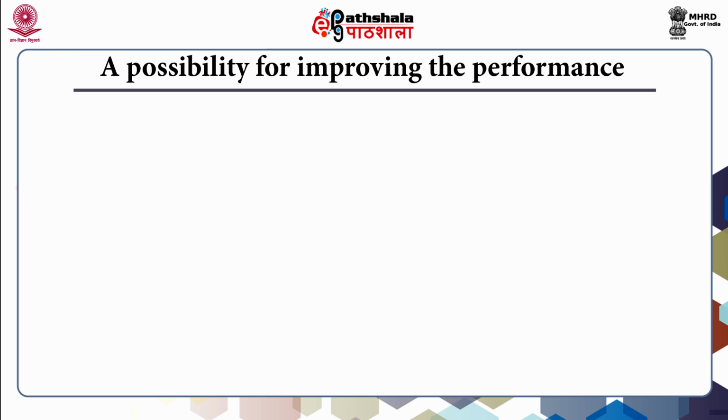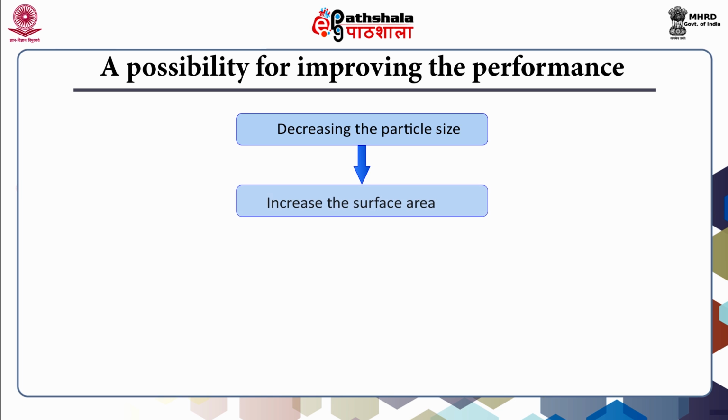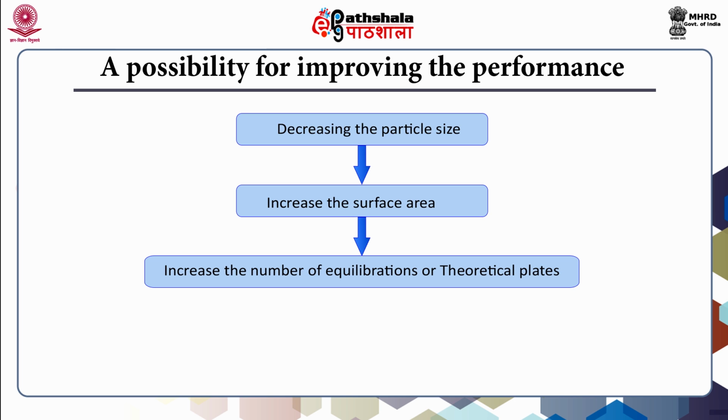One of the possibilities for improving the performance of the chromatography is decreasing the particle size of the stationary phase. When we decrease the particle size of the stationary phase, that increases the surface area, that leads to an increase in the number of equilibrations or theoretical plates in a column.